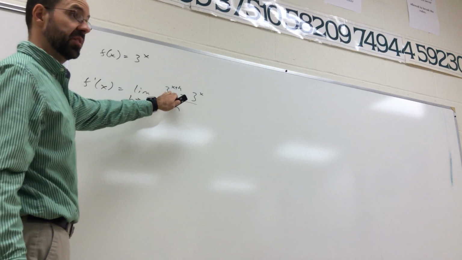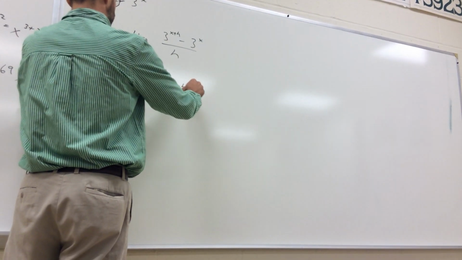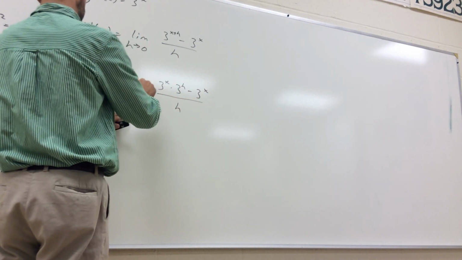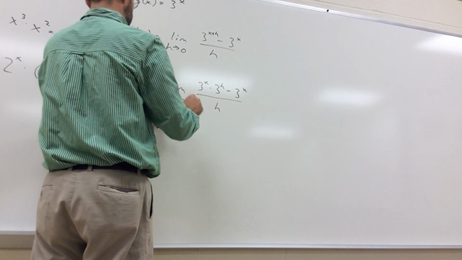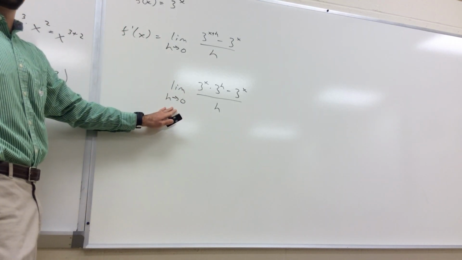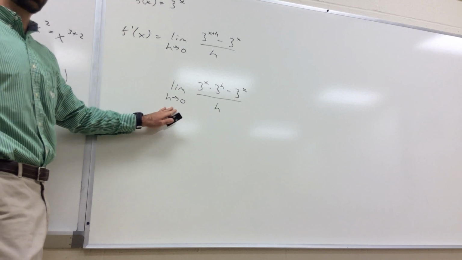So I'll still be able to split this up into 3 to the x times 3 to the h. And I'll still be able to factor out the 3 to the x.